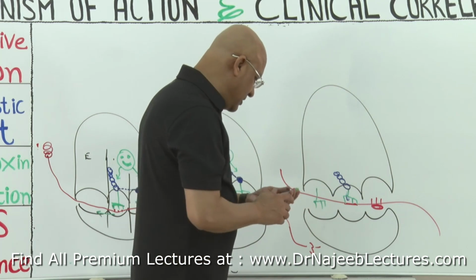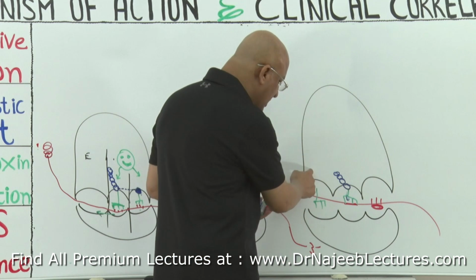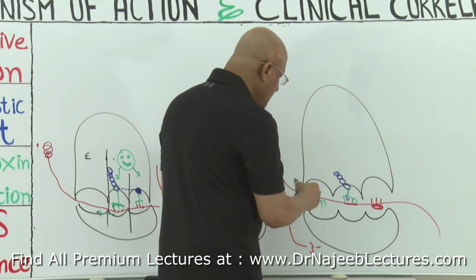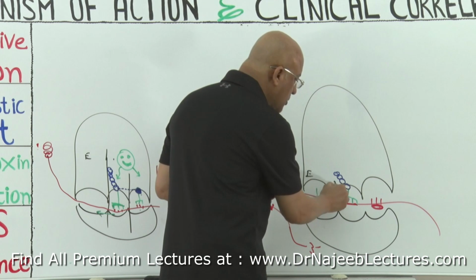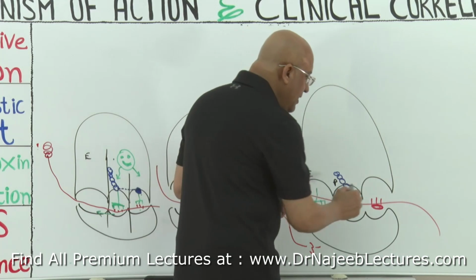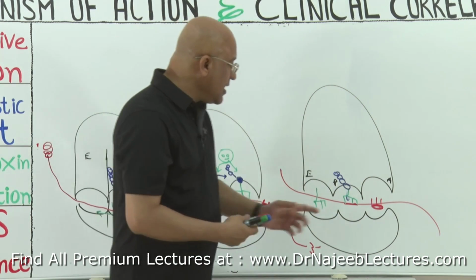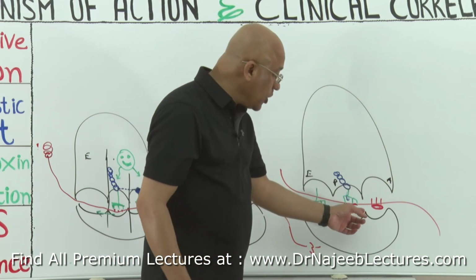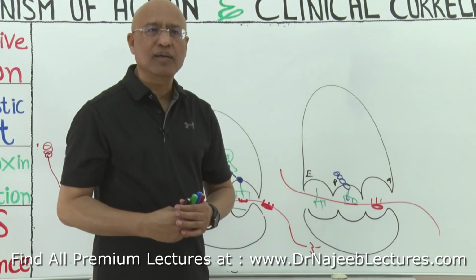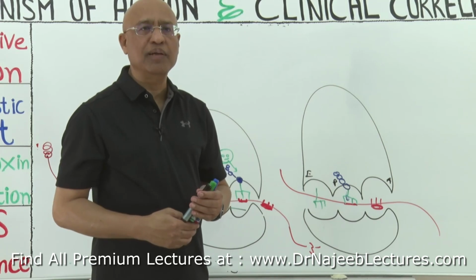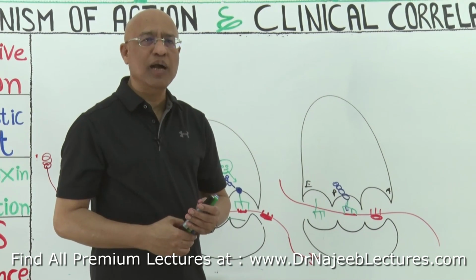P site. Yes. So this has become the E site, and this has become the P site. And now the A site becomes empty. The codon is there, but the transfer RNA is not there. So what should happen?